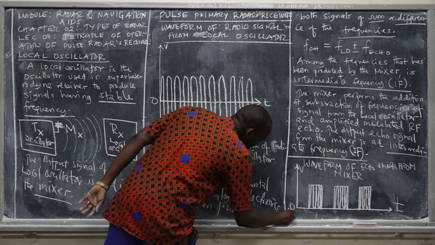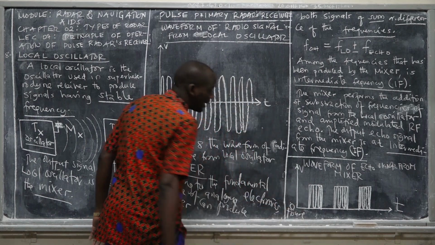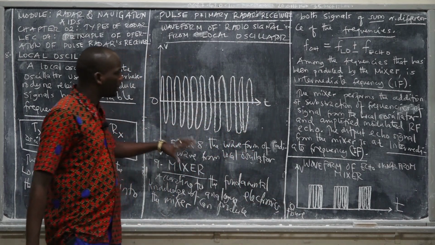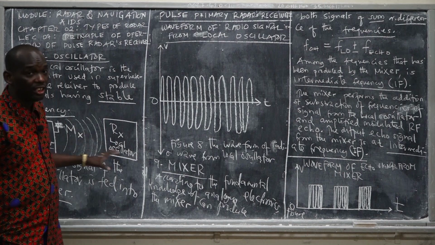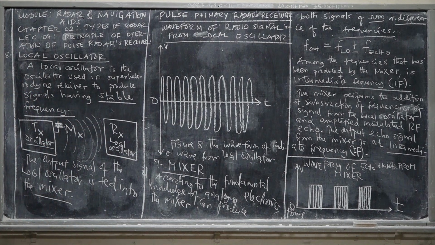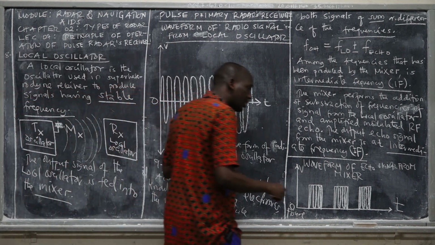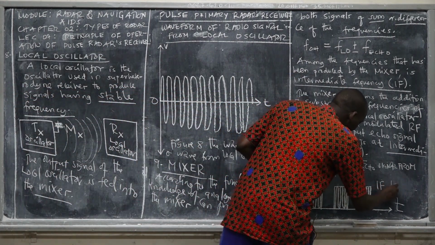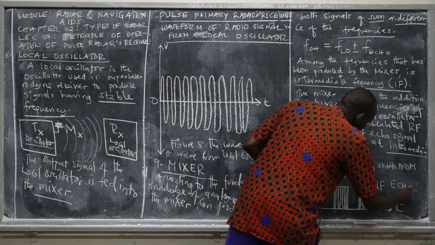This is figure what? So remember that for the previous graph, figure 7, the waveform of the amplified modulated radio frequency echo is in RF frequency. This one is in IF, intermediate frequency.